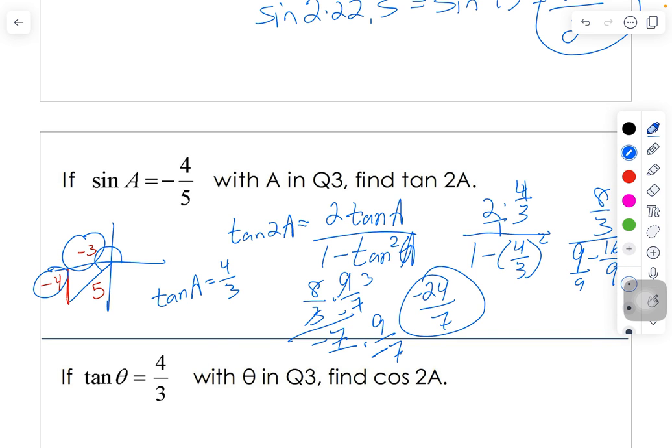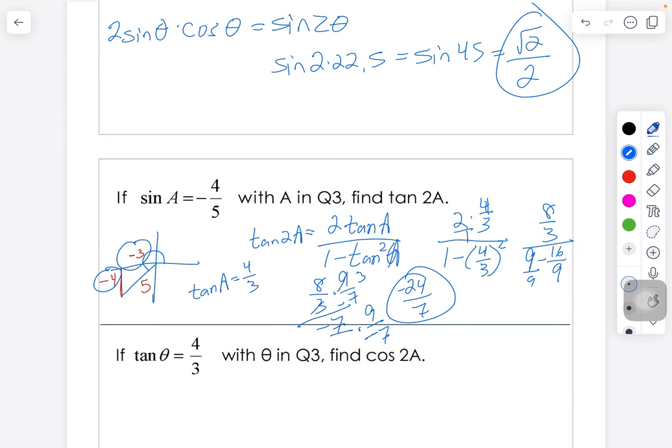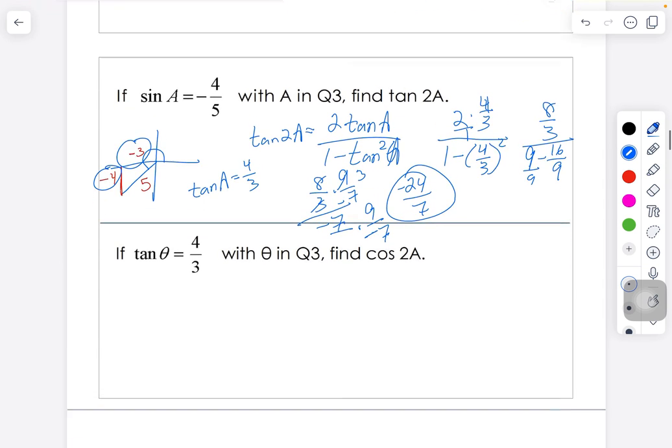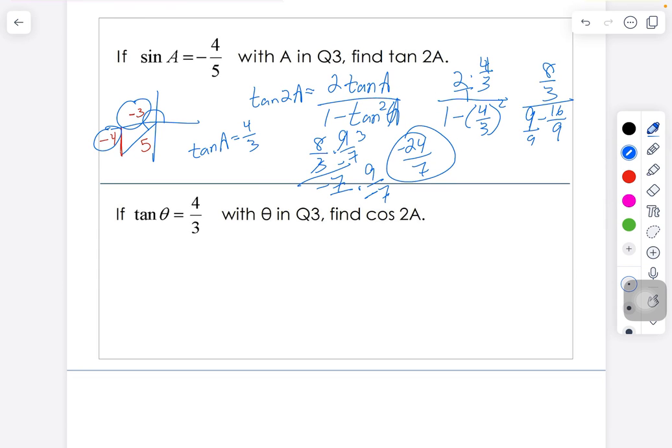Whoo-wee. Okay. Let's see. Find tangent of 2a. Okay. All right. Tangent of theta is 4 over 3, where theta is now in the third quadrant.